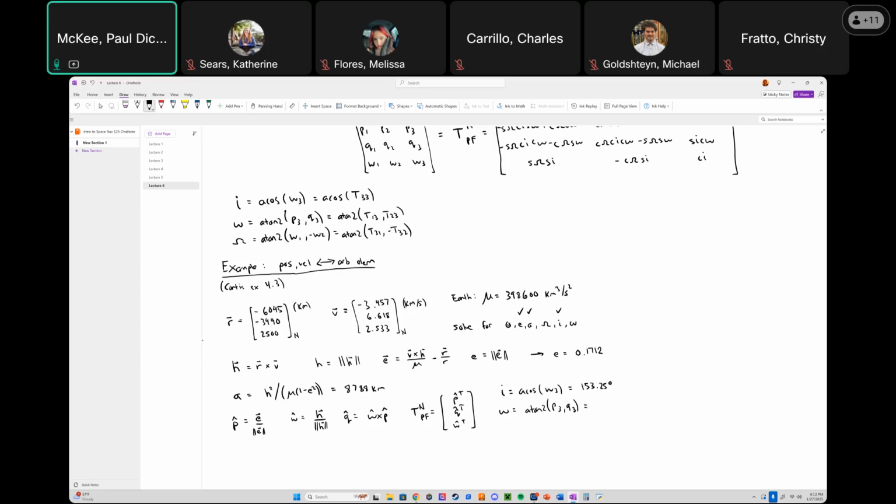And if you convert, that works out to be 20.07 degrees. Check. And then big omega is atan2 of W1, negative W2. And if you convert to degrees, that is 255.3 degrees. Actually, you'll get a negative number, but then the negative number plus 360 gets you 255. Same idea. Okay, great. So now we're almost done.